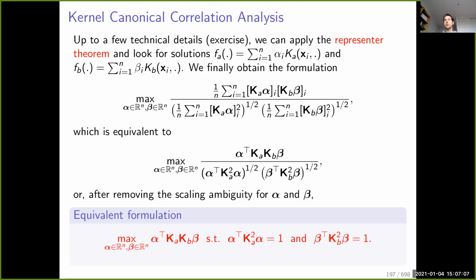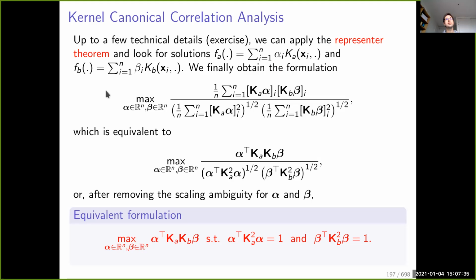You can apply the representer theorem for these previous problems because these were optimization problems that take as input these functions, that take as input the FA of xi's and so on, such that we can parameterize our two directions FA and FB as linear combinations of functions Ka of xi and beta A and Kb of xi.